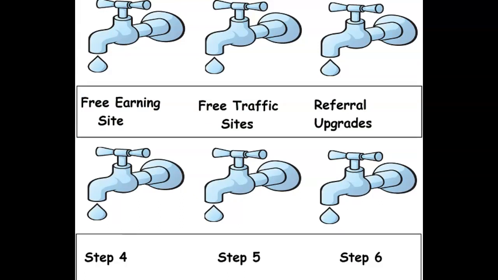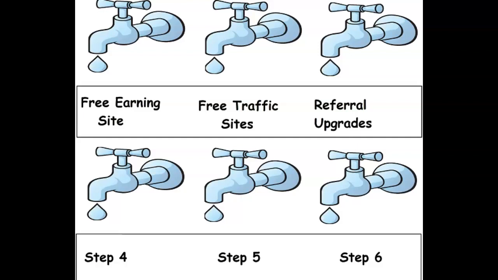So you can see already how the system starts to build. As you progress through the system with Simple Monthly Money, what you're going to be doing is adding additional income streams. So your first 3 are, as I'd explained before, your free earnings site, your earnings from your own activity levels on there, as well as commission from your referrals activity levels. Same thing with the traffic sites, so that's income stream number 2.